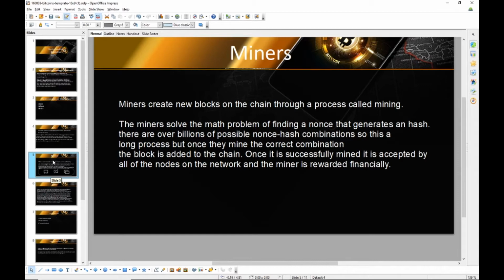Back in 2017 with the bull run, with Bitcoin at like 20K, you heard of everyone buying graphics cards, and that was people creating mining rigs so that they can produce blocks. And they're basically like the new farmers of the new age. They're farming, and once they have enough harvest, they reap the benefits.